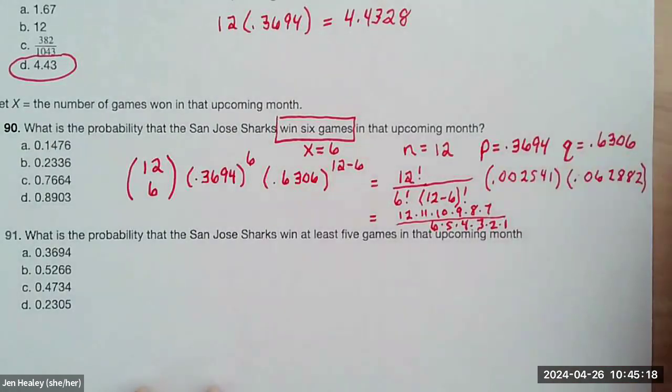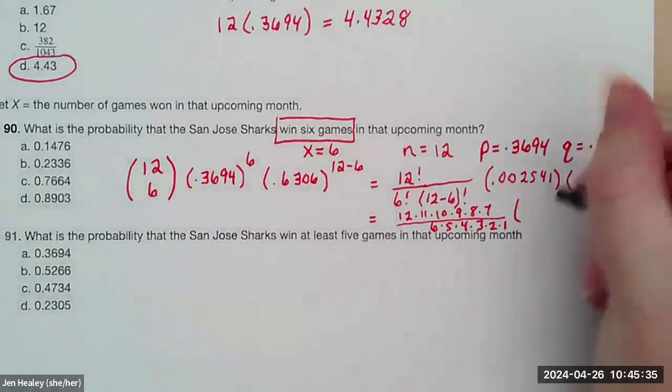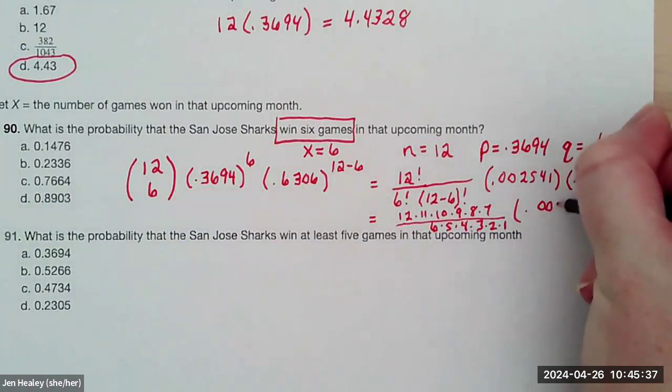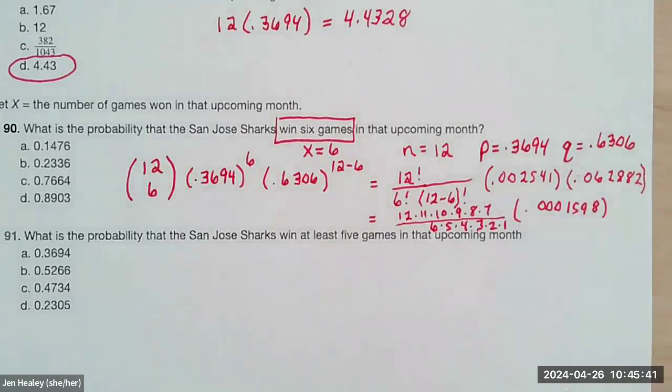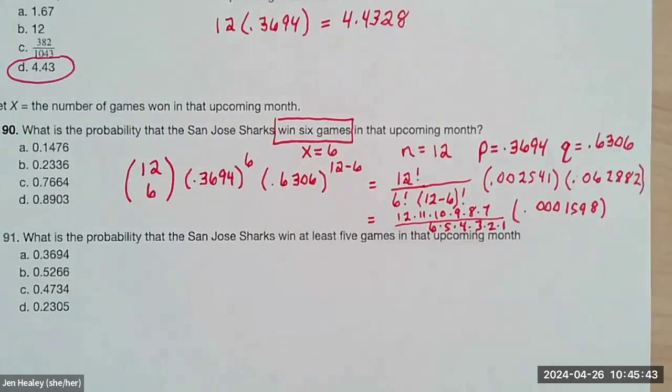And then we're multiplying by those two things. So that'll be 0.00254 times 0.062882, which is 0.000159. Cool.